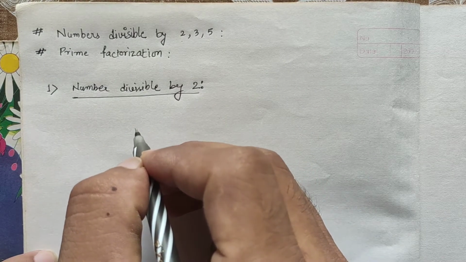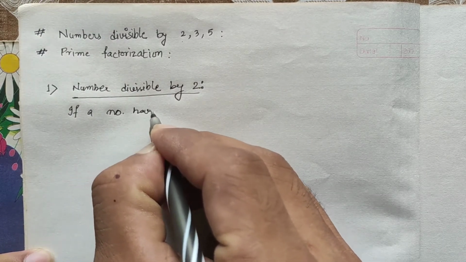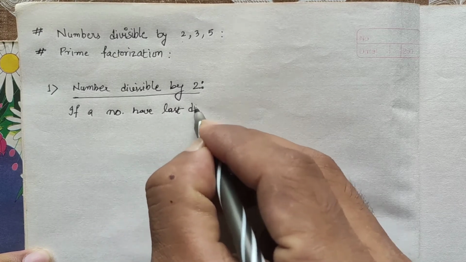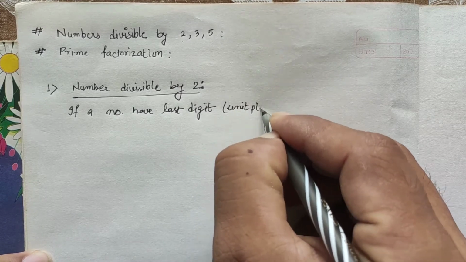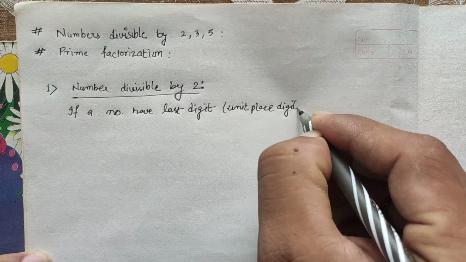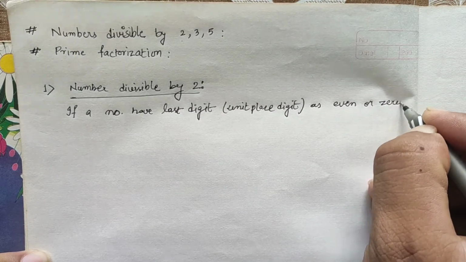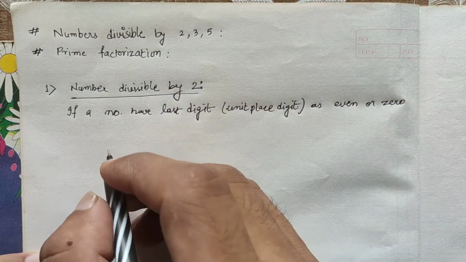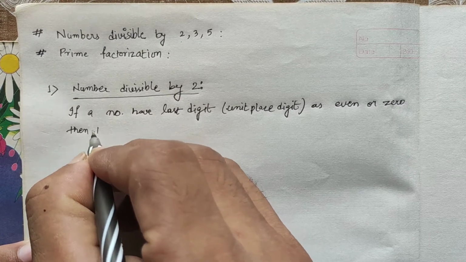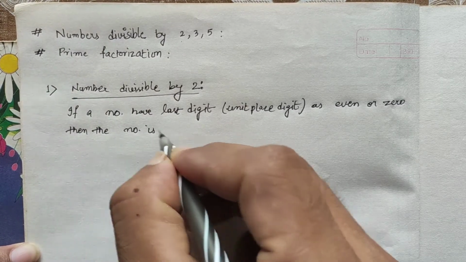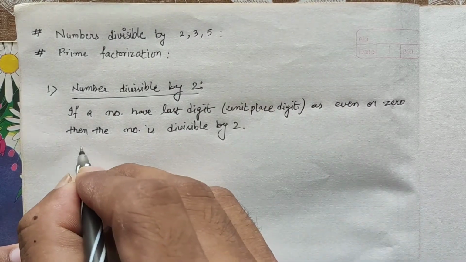If a number has its last digit, or unit place digit, as even or 0 (0 is also an even number, don't be confused), then the number is divisible by 2. Let's just see an example.